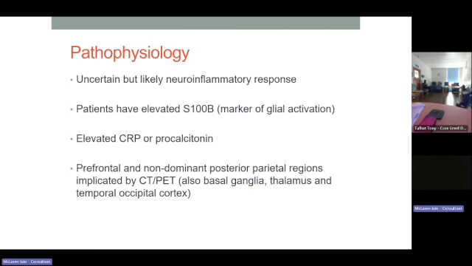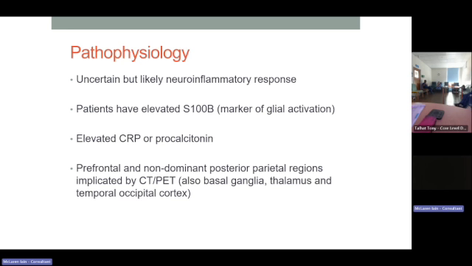So we know that all those are risk factors, but what is it that actually causes delirium? Well, it certainly has a physical manifestation. If we look at patients who are delirious, it seems to inform some form of neuroinflammatory response. And certainly these patients have elevated levels of S100B, and that's a marker of glial activation.